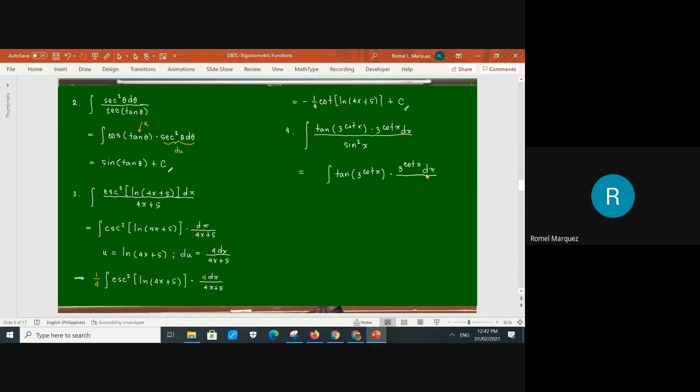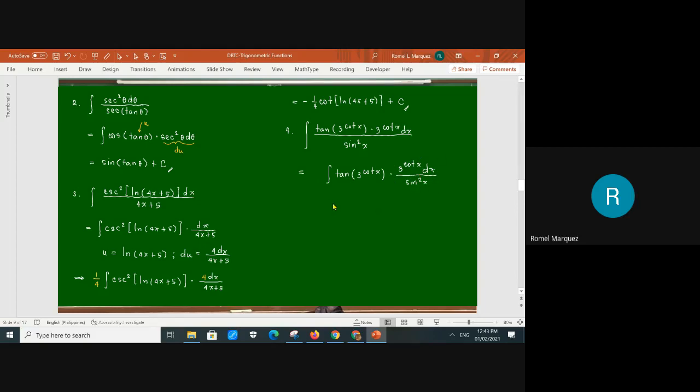So then we have 3 to the cotangent x dx over sine squared. Okay? Cotangent is related to what? The derivative is related to cosecant squared. But sine squared, when you bring it up, is cosecant squared. So it's possible that this is du.